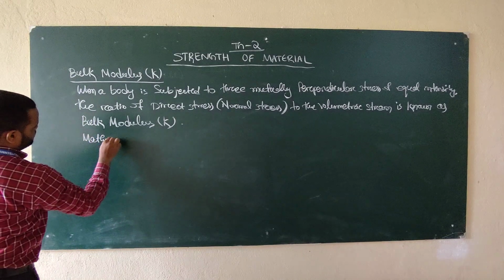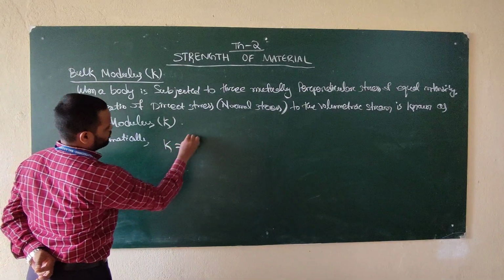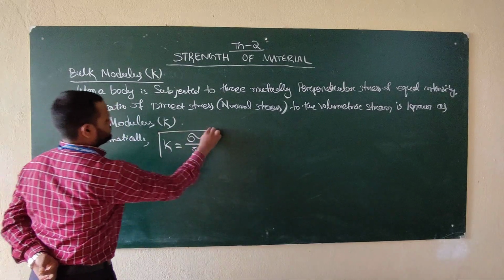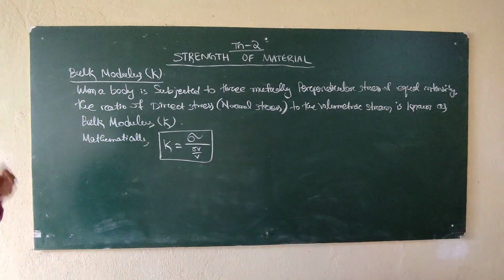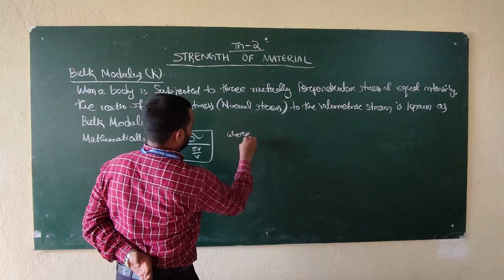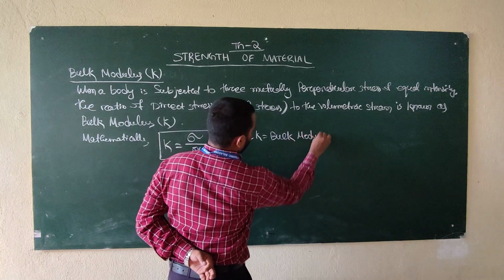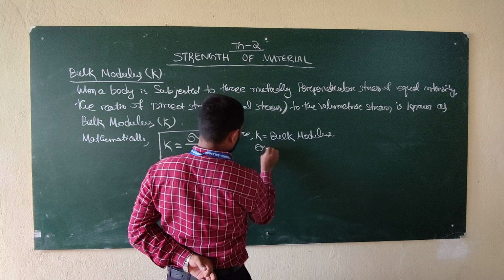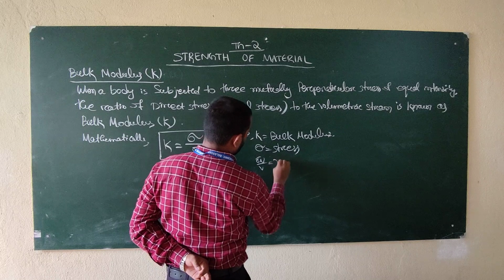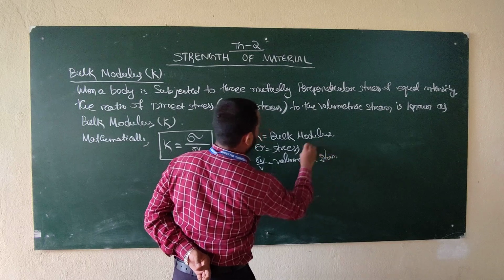Mathematically, K equal to sigma by delta V by V, where K equal to bulk modulus, sigma equal to stress, and delta V by V equal to volumetric strain.